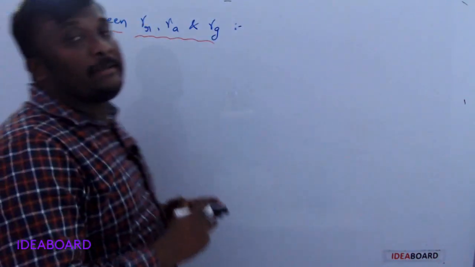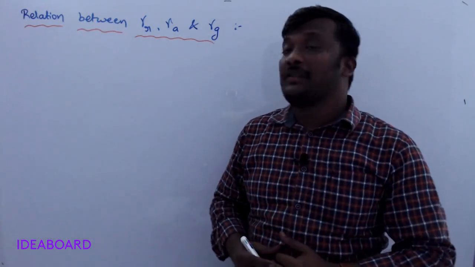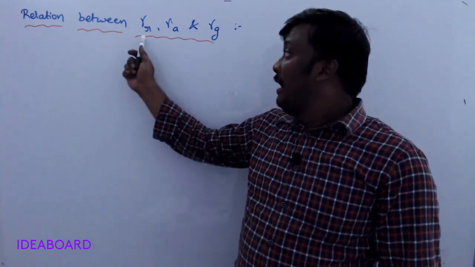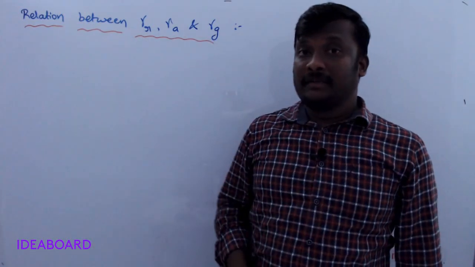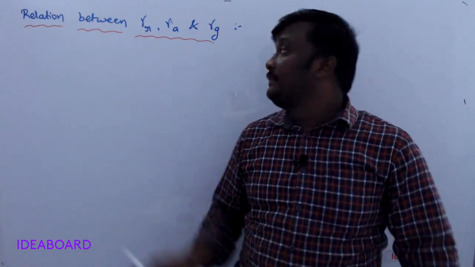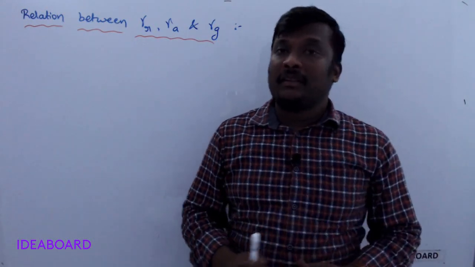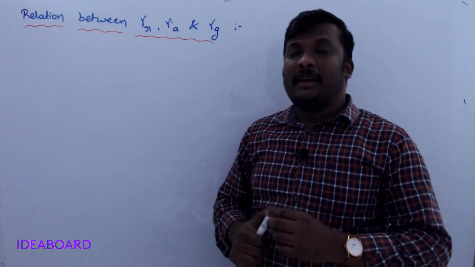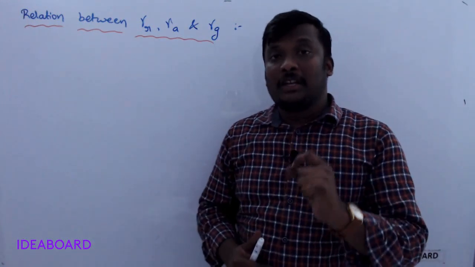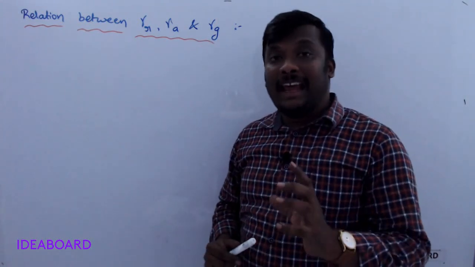Now, in expansion of liquids, the most important thing, from which the maximum number of questions come, is the relation between gamma R, gamma A and gamma G. We know gamma R is the coefficient of real expansion of liquid, gamma A is the coefficient of apparent expansion of liquid, and gamma G is nothing but the cubical expansion of glass.